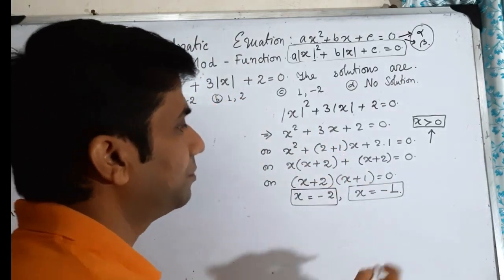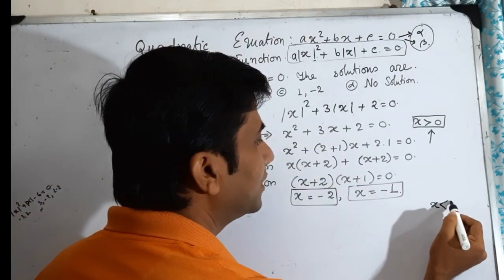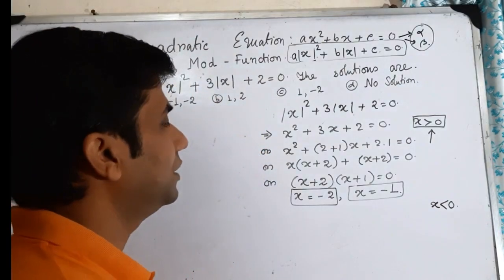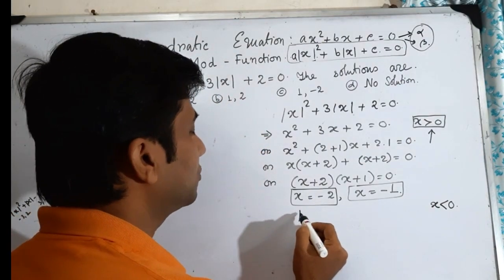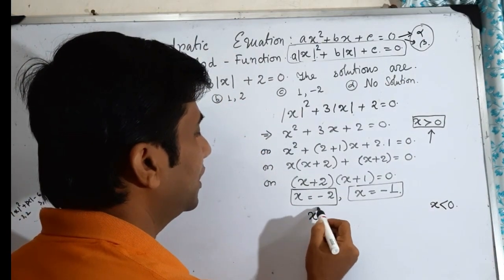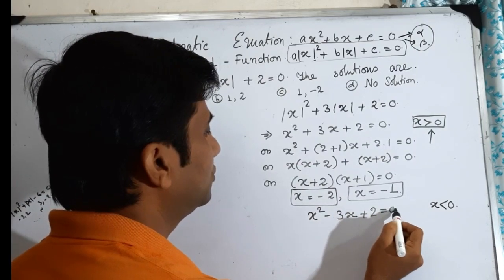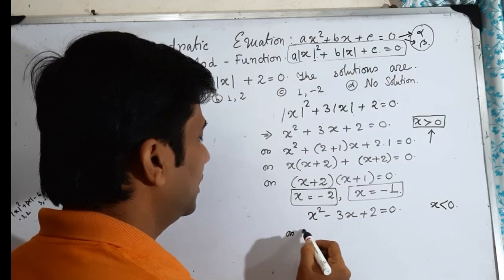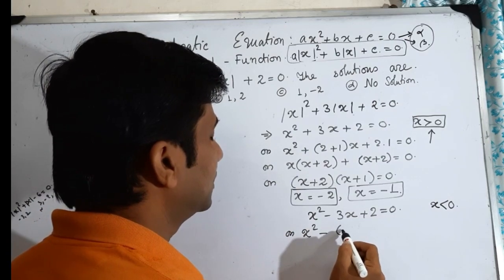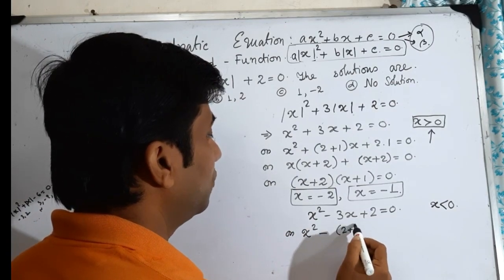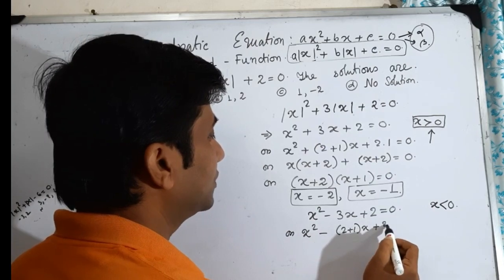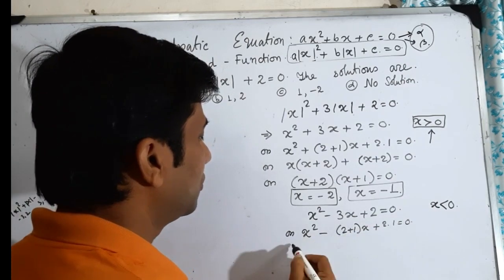Next, if x is less than 0, then mod x square means x square, and it becomes x square minus 3x plus 2 is equal to 0, or x square minus (2 plus 1) into x plus 2 into 1 is equal to 0.